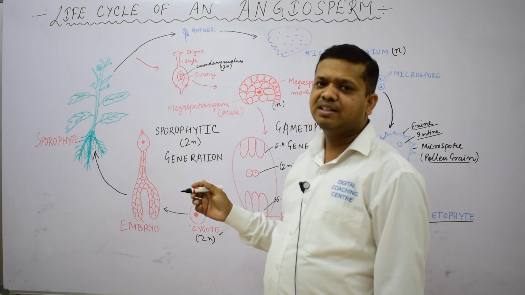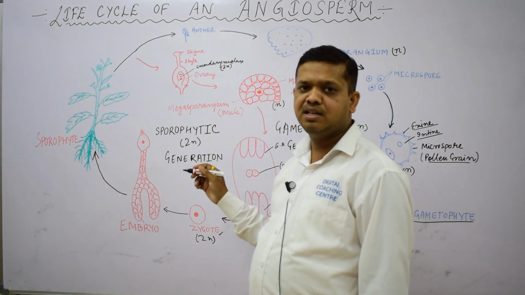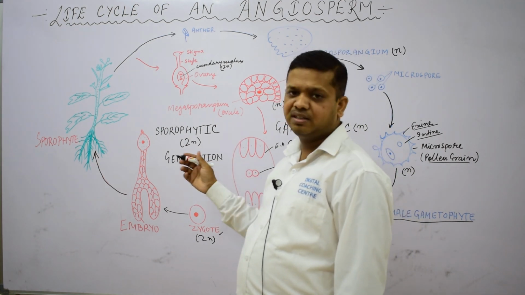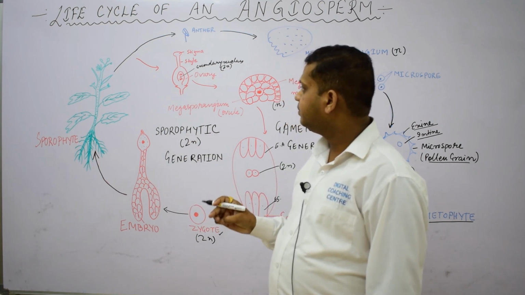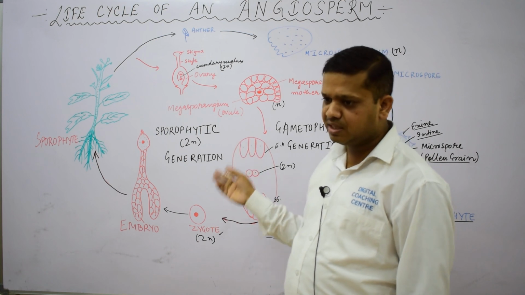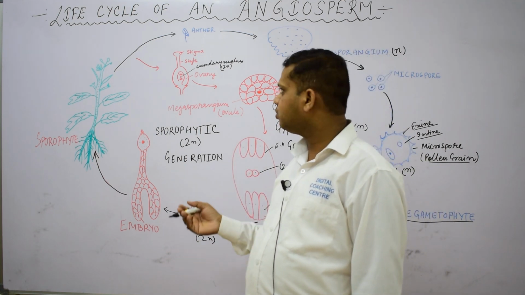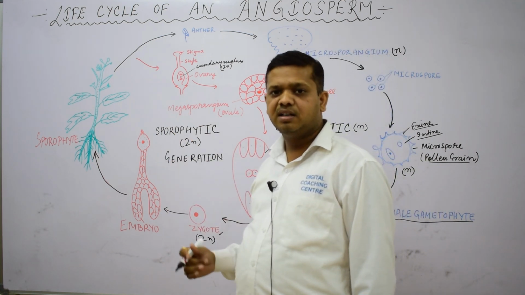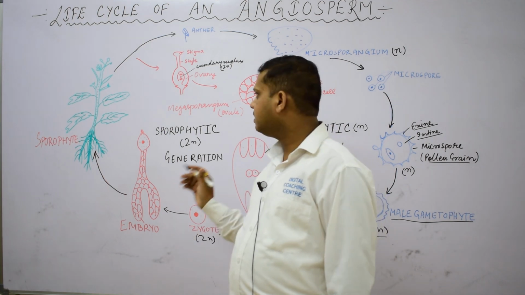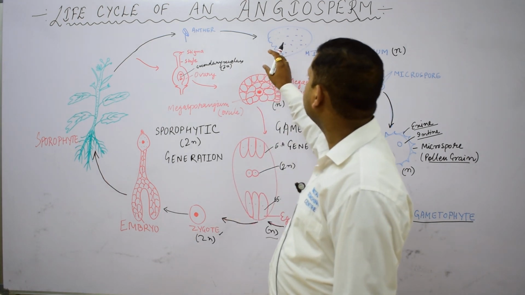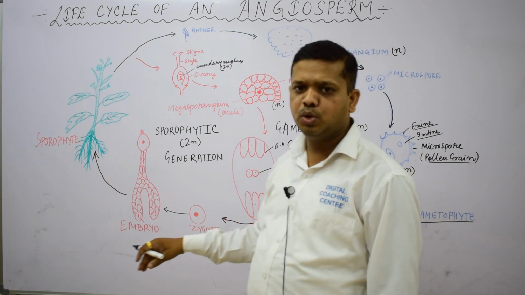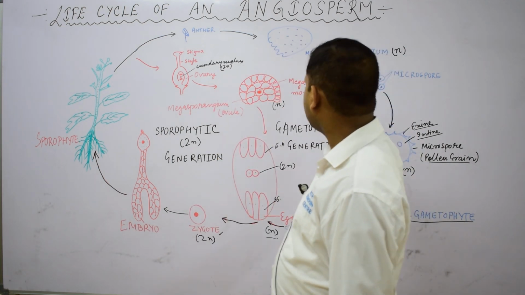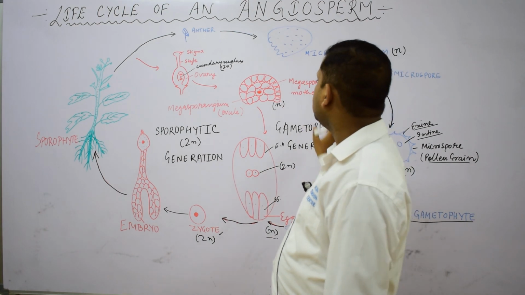In monocots parallel venation is seen in the leaf, but in dicots reticulate venation is seen. Monocots basically have adventitious roots, but dicots have a tap root. In this way we can clearly define that angiosperms are the advanced form of the plant kingdom, divided into monocot and dicot, and this diagram shows the life cycle of an angiosperm.